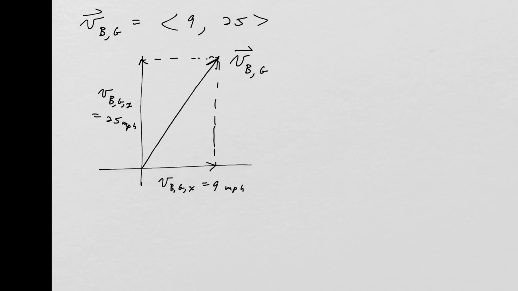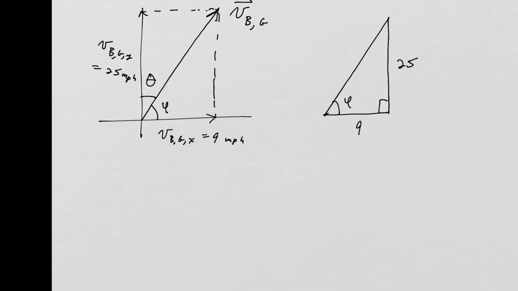And we want this angle here, theta, because we want the angle that it makes with the forward progression of the car. So normally we find this angle, and I would again find this one, phi, because then we know we're going to use inverse tangent. So if I extract out my triangle involving that reference angle, the angle phi, this side is 9, this side is 25.